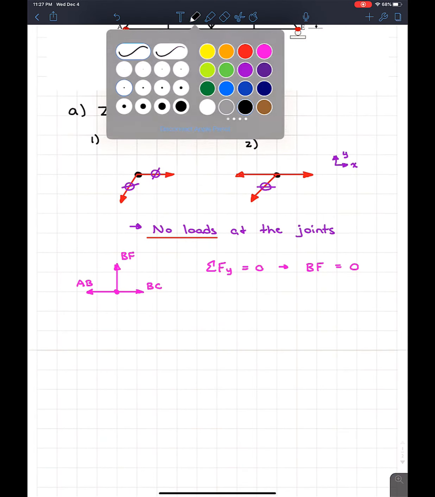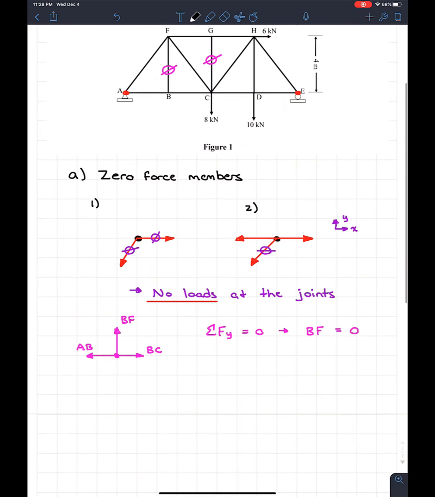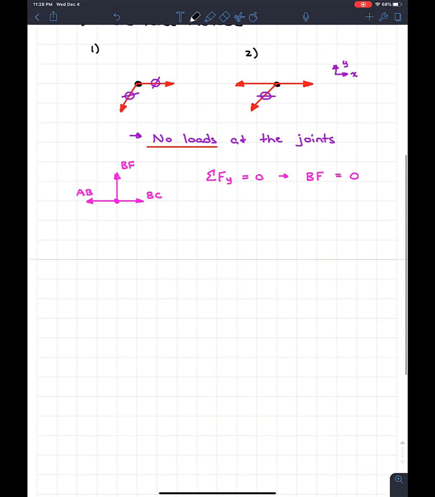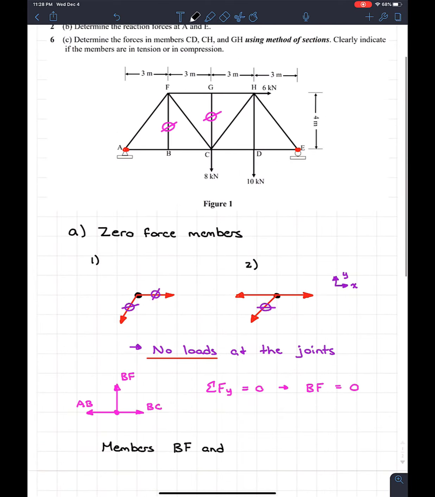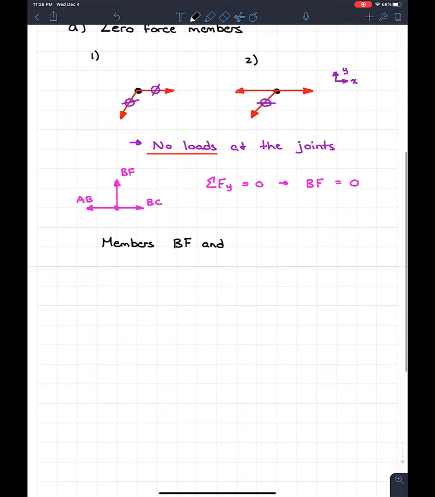So what you do here is you just come down and say that members BF and CG are zero force members.